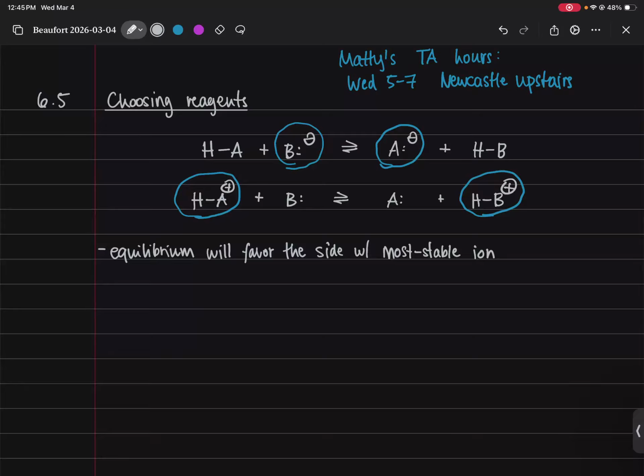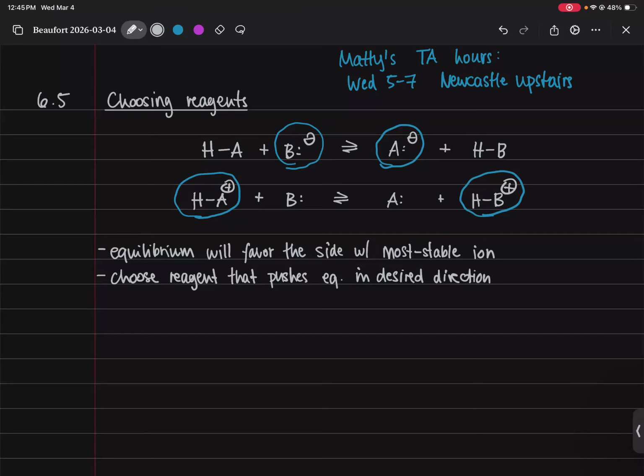So when we're actually picking individual reagents, we just pick a reagent that pushes the equilibrium in the direction we want it to go.